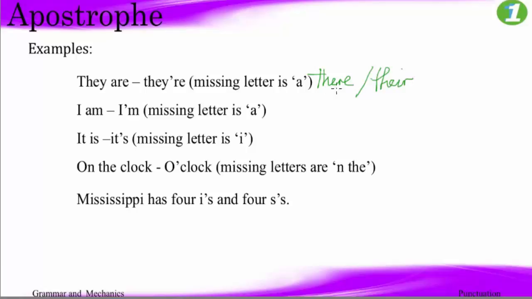These are there too. There as in place, location, over there, and this there as in ownership, that which belongs to some persons, their bags. All pronounced there, but the there that you use the apostrophe with is the one that you're shortening for they are.